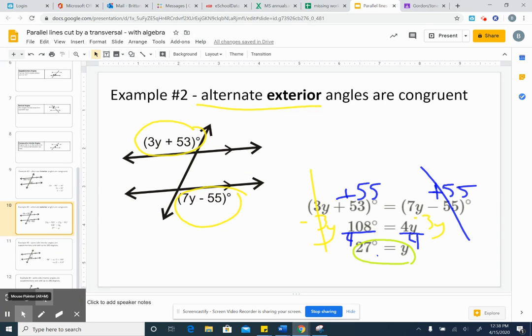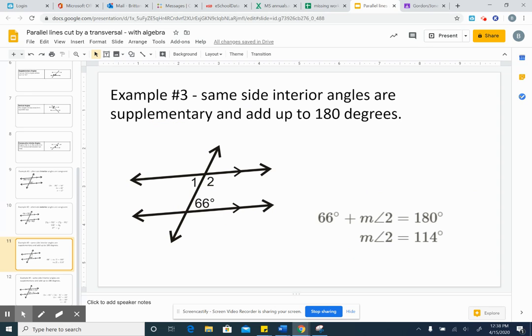Let's try the next example. Same side interior angles. Well, I told you here what kind of relationship we have going on. Same side interior angles. Okay, and think about that. They're on the same side inside the parallel lines, same side of the transversal. These will be supplementary. These will add up to 180 degrees.